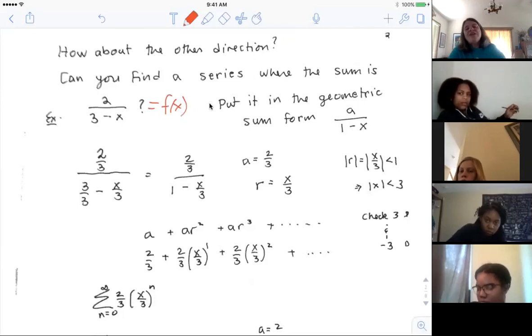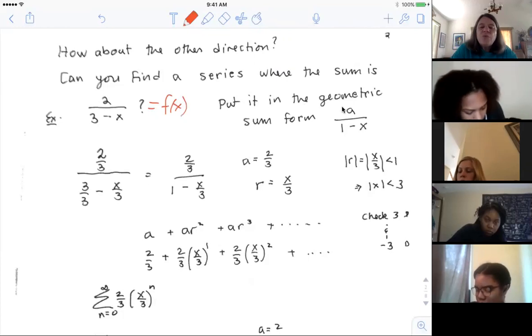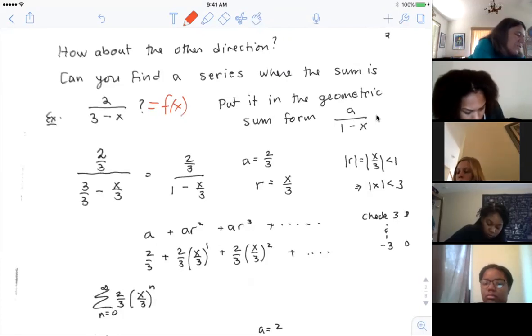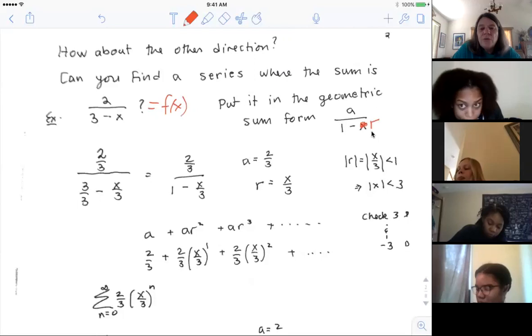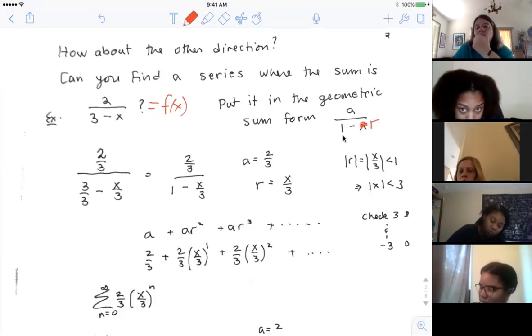So what we're going to try to do is put it in geometric series sum form. And remember, that's A over 1 minus R. I really meant R here; in my last problem it was x, but the sum of a geometric series is A over 1 minus R. So I'm going to try to put this in that form. First and foremost, I need a 1 right there, and then I'm going to try to stick it back in the series.